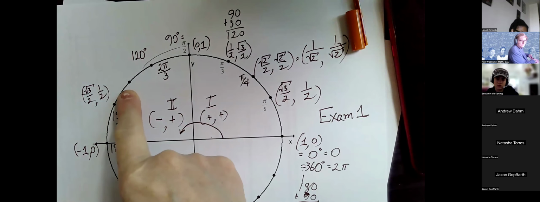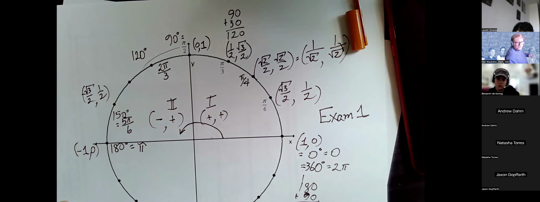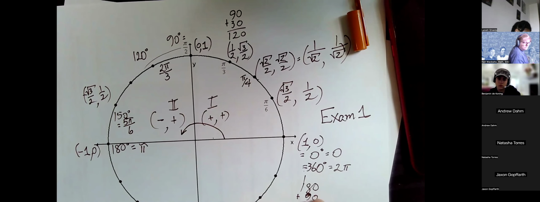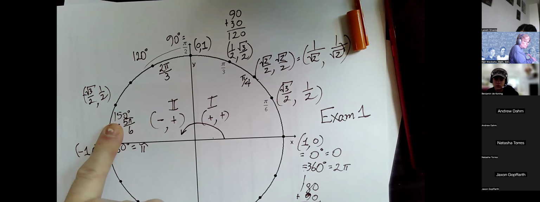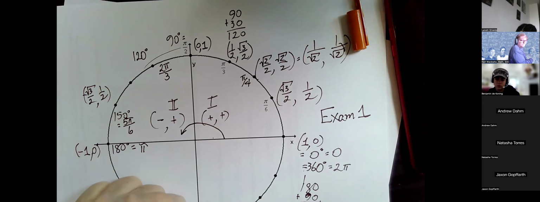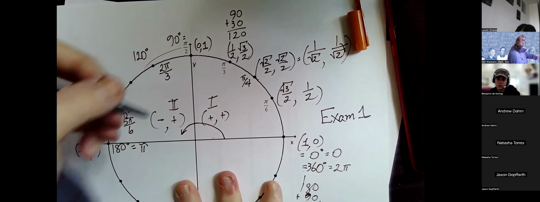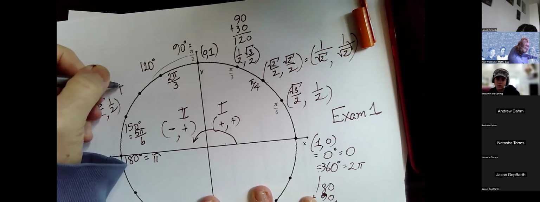How can we find out the measure of this next point? Add 30 again. If we add 30 again, we're going to end up at 150. Add 15. We can add 15 or we can add 45 to 90. 15 is fine. So we get 135.